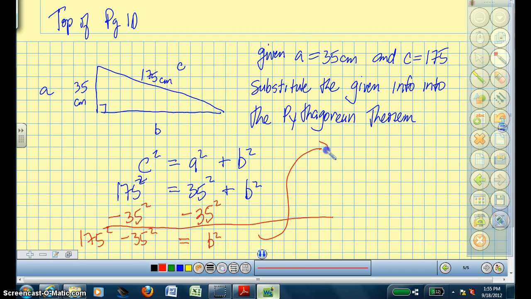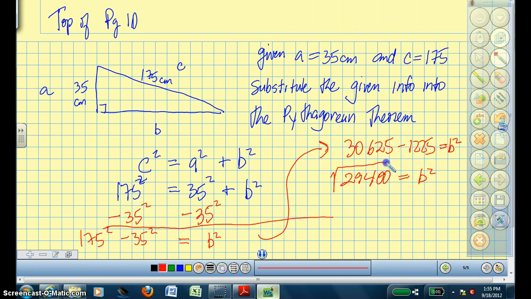Let's go over here now. This is now 30,625 minus 1,225 equals B squared. 29,400 is equal to B squared.